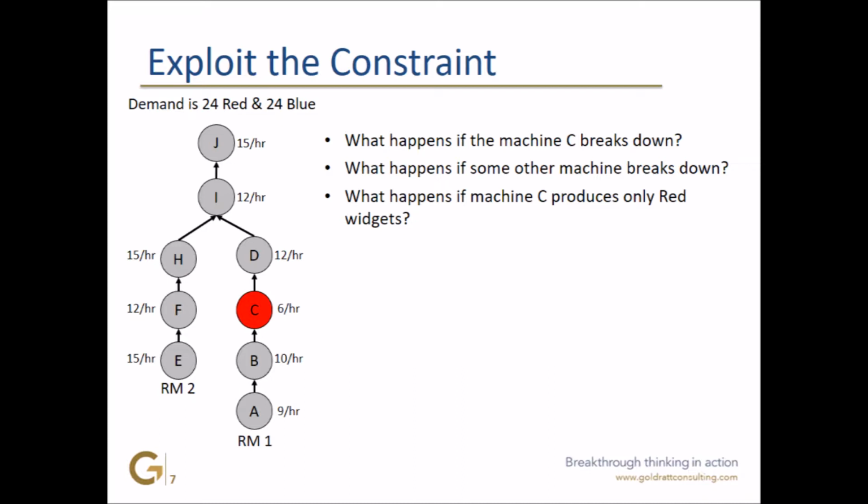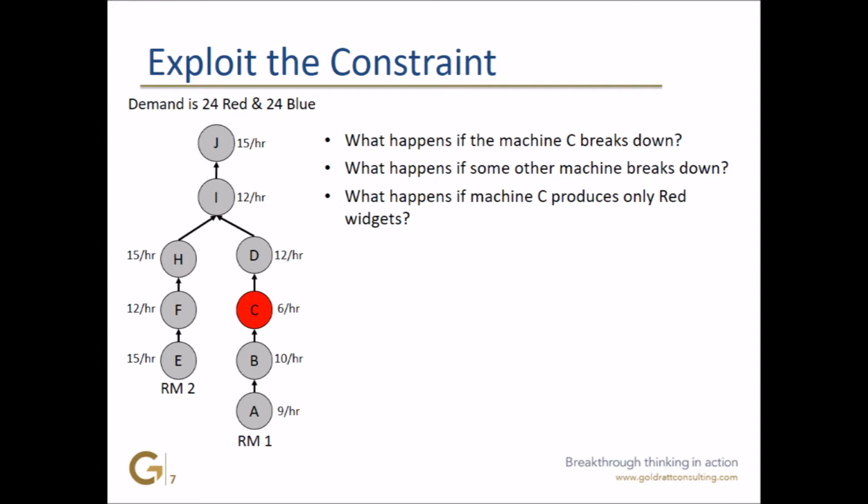What happens if A breaks down? Not really, right? Because you still have some protective capacity. The total capacity of the system to produce is 6.